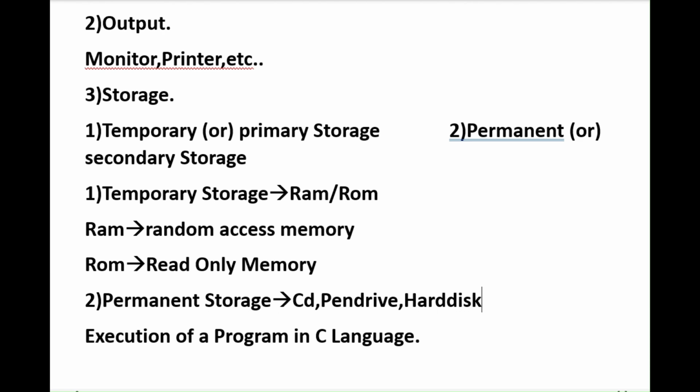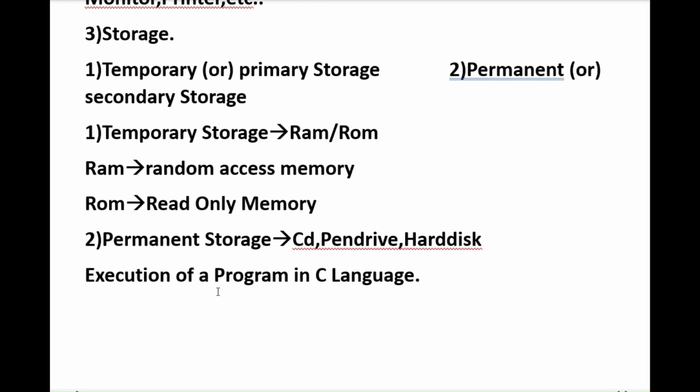The data which we store in hard disk or CD or pen drive is stored permanently. It does not vanish by doing anything. Until we delete it manually, the data will remain forever in hard disk or CD or pen drive. It is permanent storage.